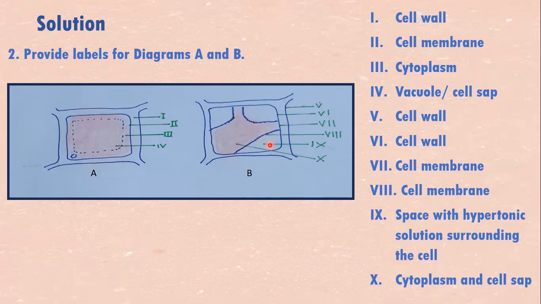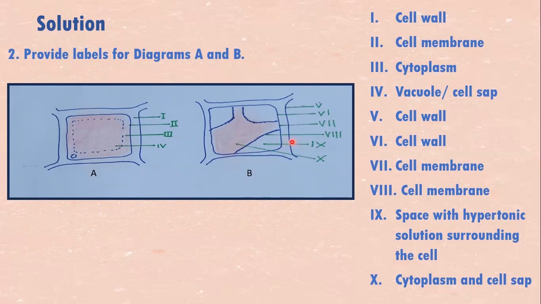So here is a cell membrane. And what about here? What is it? It's a space. This space is filled with the surrounding hypertonic solution, because when the cytoplasm is pulled from the cell wall, the cell wall is really permeable.